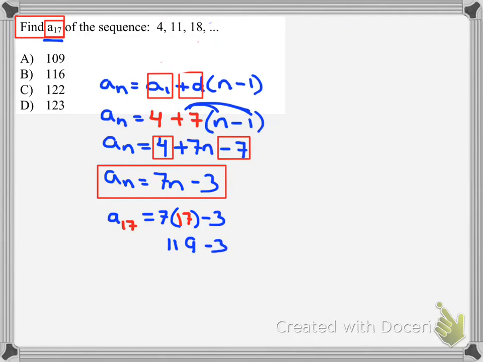Then minus 3. So the 17th number will be 116. And that should be your answer. In this case, your answer will be letter B.